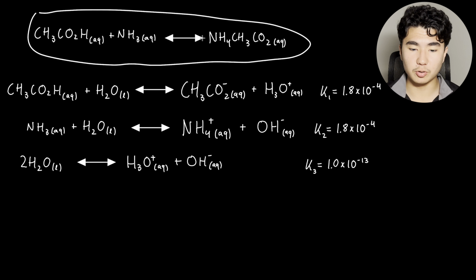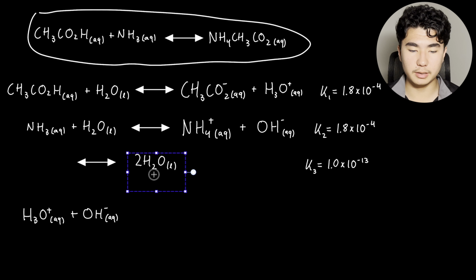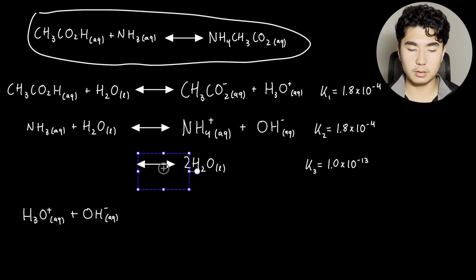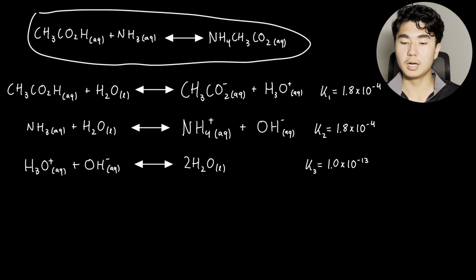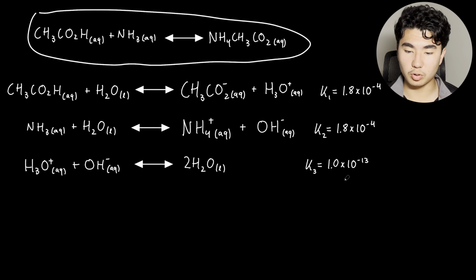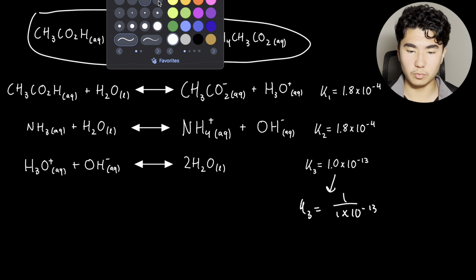So if I just reverse this entire reaction, then my K3 isn't going to be 1 times 10 to the negative 13 anymore, because my new K3 is going to equal 1 over 1 times 10 to the negative 13. And let's see what that gets us.